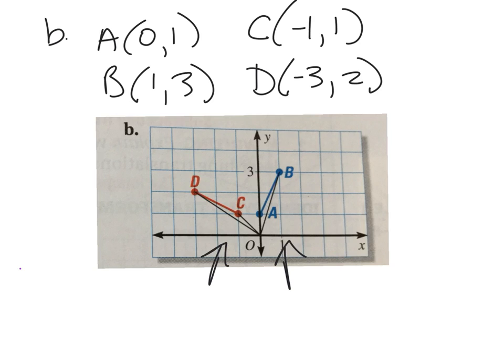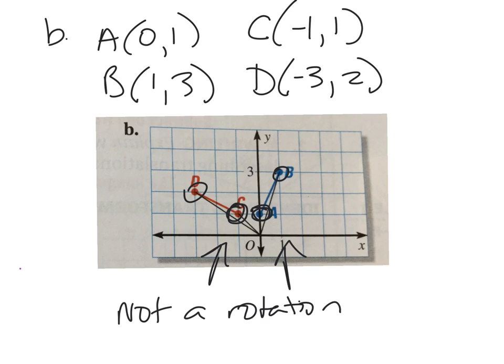So if this is a rotation, which way is it rotating? Counterclockwise, because it's going to the left. Blue is the original. But let's compare our A and B. A is right here, and it's compared to C. Did it rotate? No. It did not keep the same distance from the origin. And then B, compared to D, also does not. So this is not a rotation. It's almost a reflection, but then D's still pushed too far out to the left. So it's just two separate drawings.